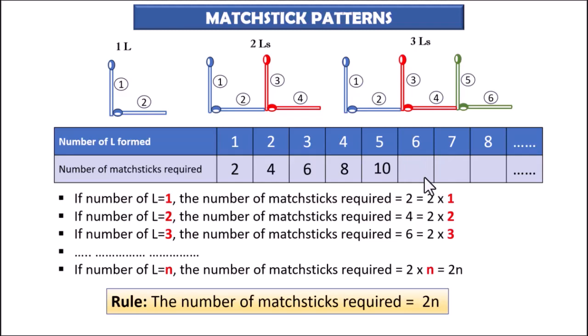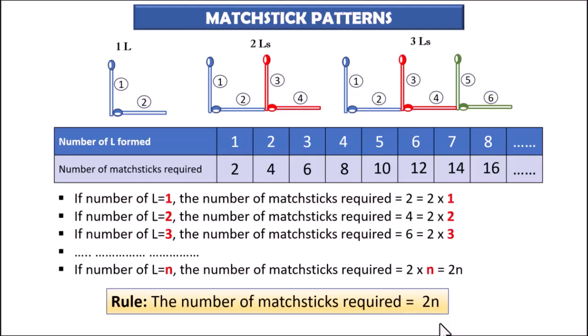For 6L, 2 into 6, 12. For 7L, 2 into 7, 14. For 8L, 2 into 8, 16. Therefore, once we know the rule that the number of matchsticks required is equal to 2n, then we can calculate the number of matchsticks for any value of n.